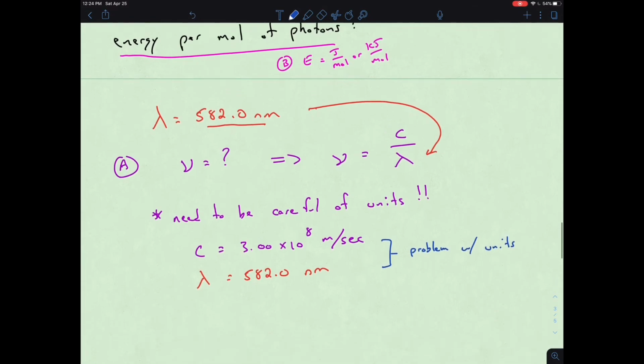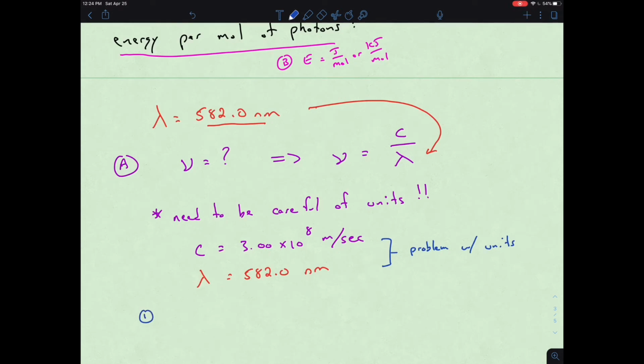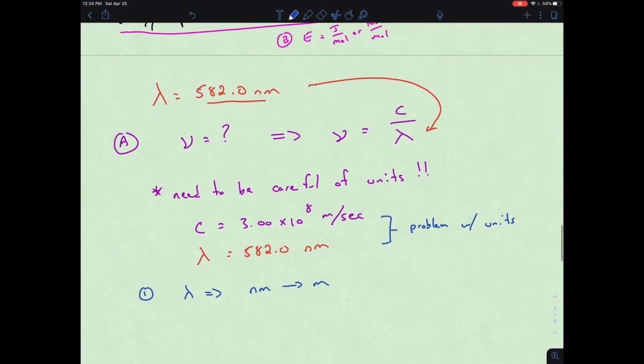So the first step would be to convert wavelength from nanometers to meters. And then step 2 would be to use our equation to solve for the actual frequency.